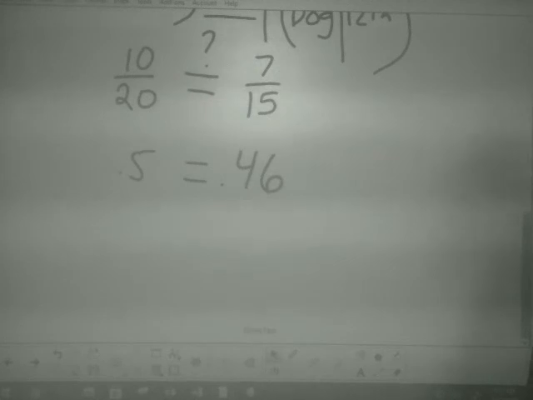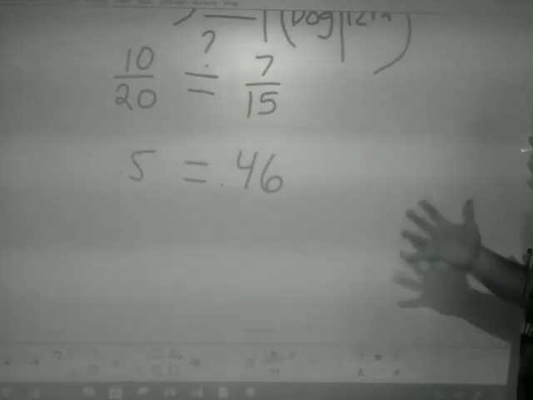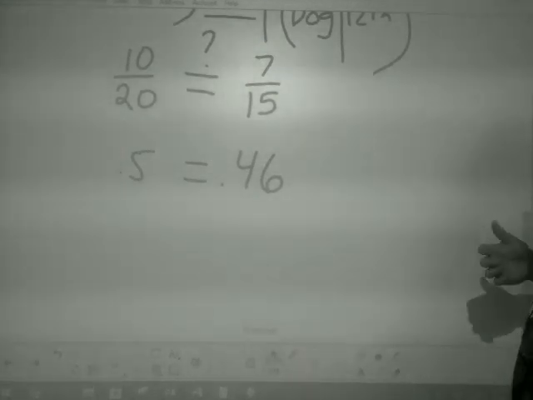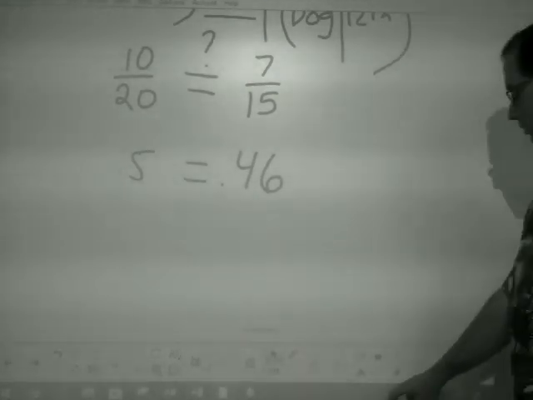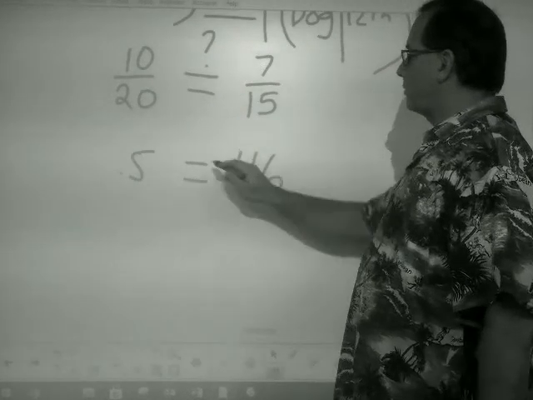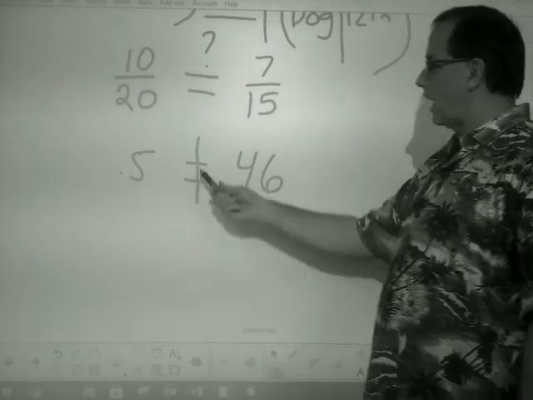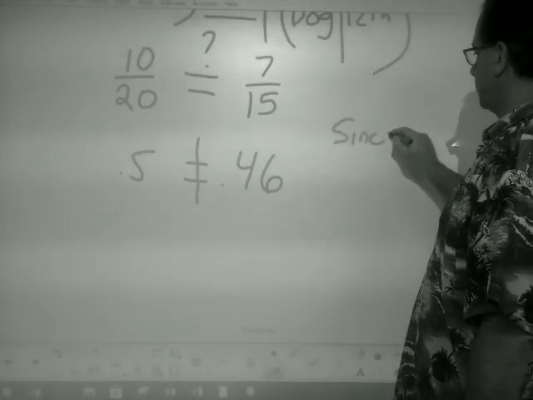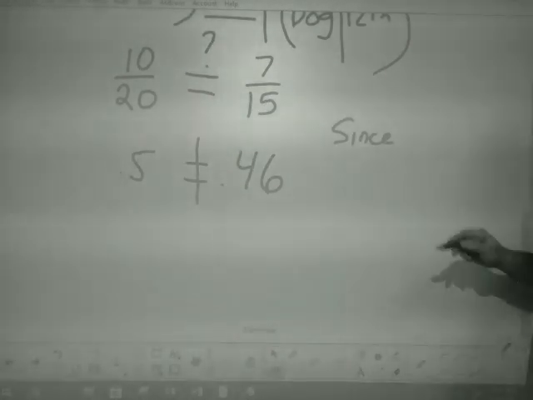Are they close enough? It doesn't have to be exact. If you think it's close enough to being equal, you would say these seem to be close enough to being equal. If you don't think they're equal, then they're not equal. I think these are probably too far away, so I'm going to put a line through the equals, meaning not equal. And then I'm going to write a complete sentence, and that's what you have to do as well.